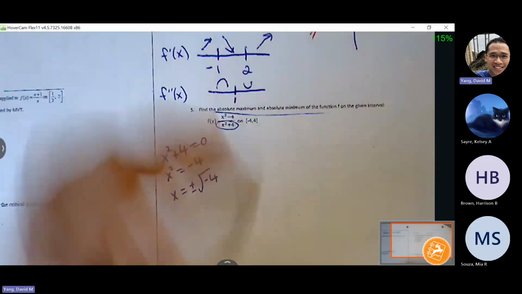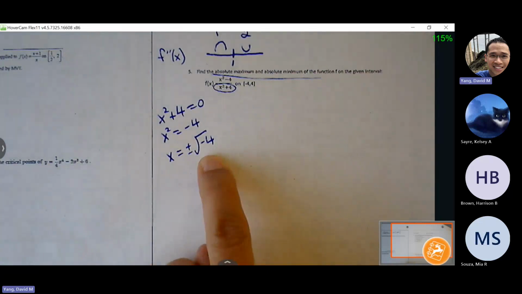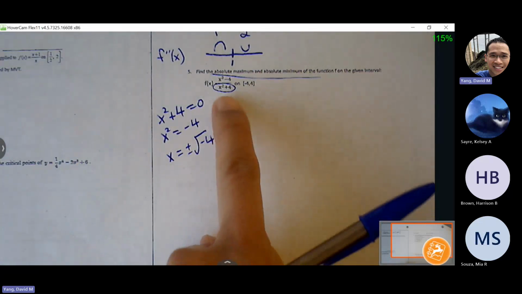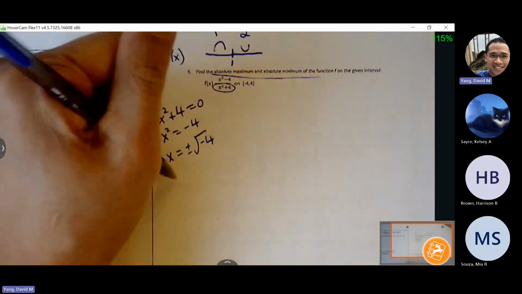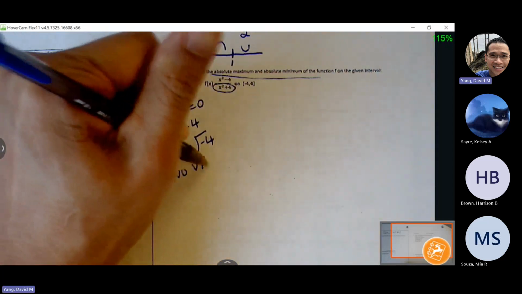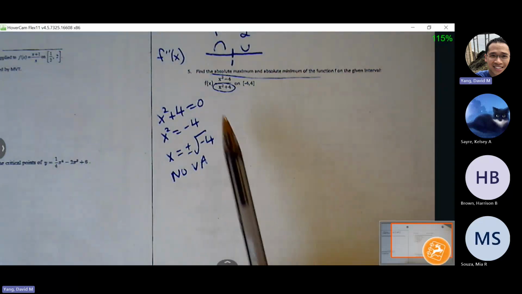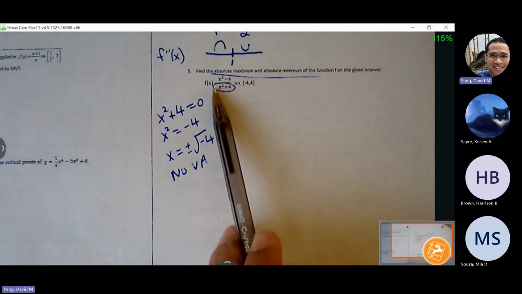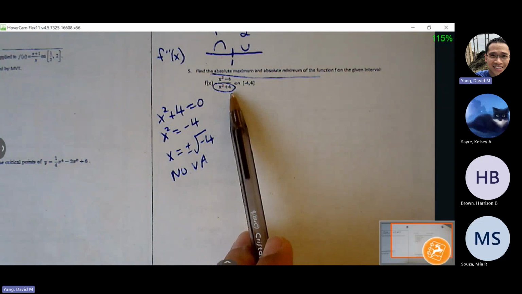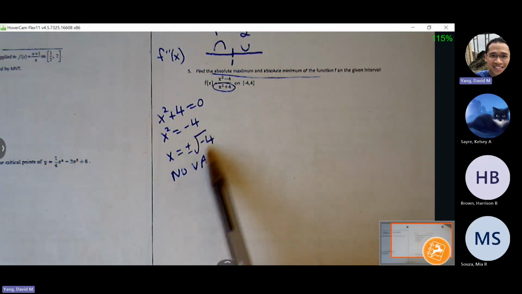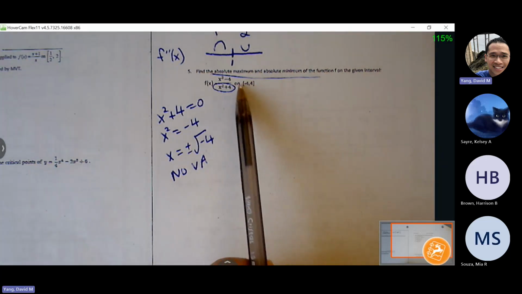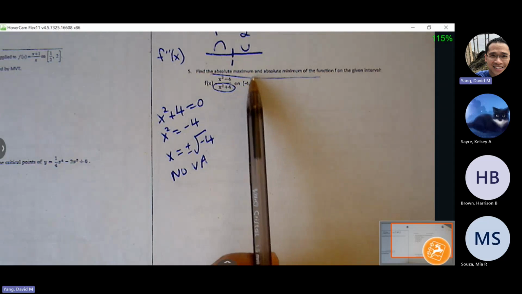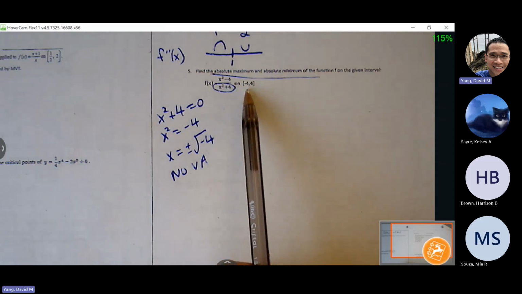But we end up with something that is not a real number, which tells us there is no real number that will cause the denominator to be 0, which means there are no vertical asymptotes. Even though there's a variable in the denominator, nothing I can plug in for x will cause the denominator to equal 0, because if I solve for x, I get an imaginary number. So no vertical asymptote, which means there is no disruption in my interval. My function is continuous on the closed interval, but we have to make sure we state that condition.